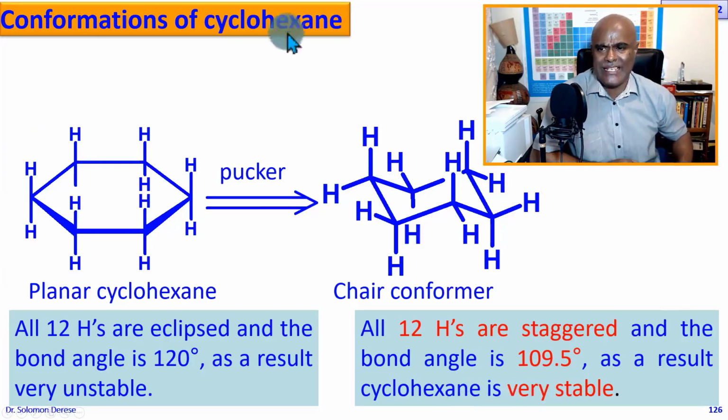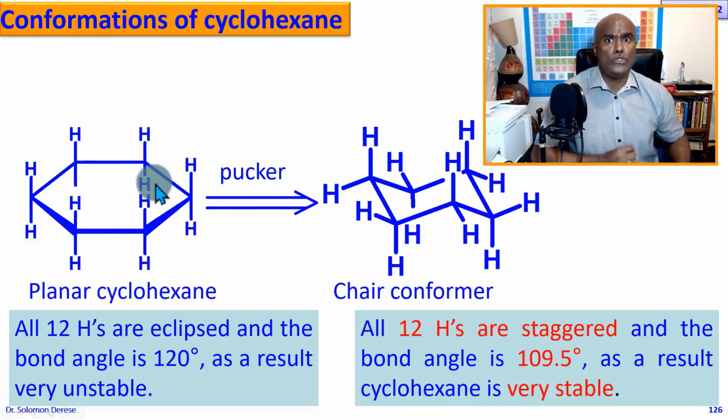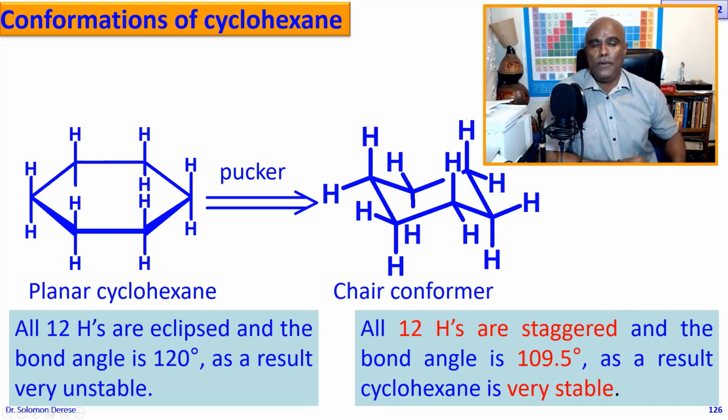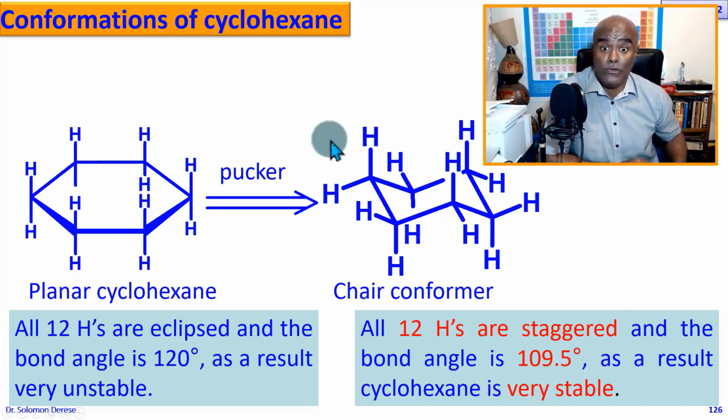It does not exist like this. Whenever you are trying to discuss the chemistry of cyclohexane, if you write it as a planar cyclohexane, it's not going to represent its chemistry. You should write it as a chair, and then using the chair, you can explain most of the chemistry.